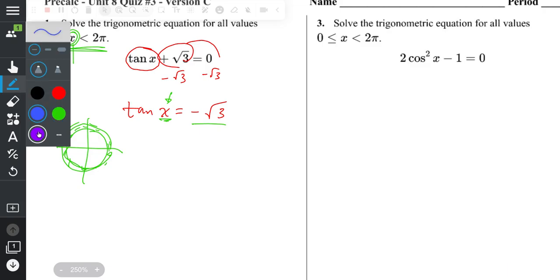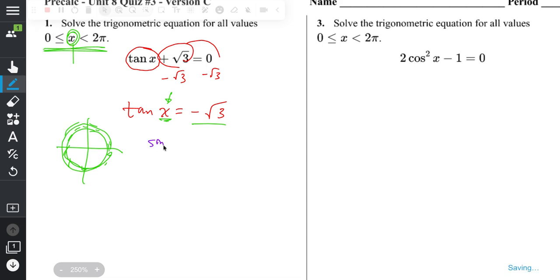Where is that happening? Okay, so tan, let's break this down, is sine over cosine.